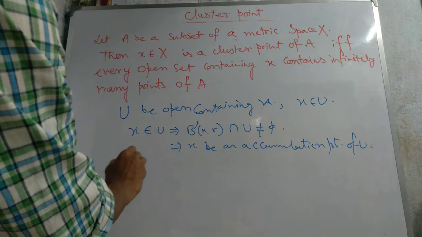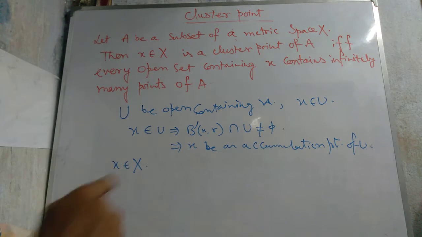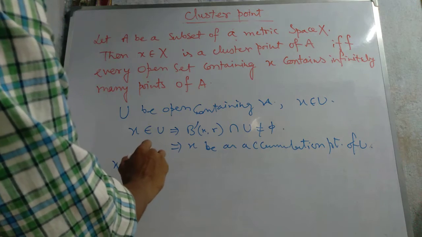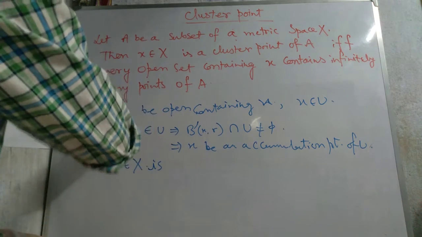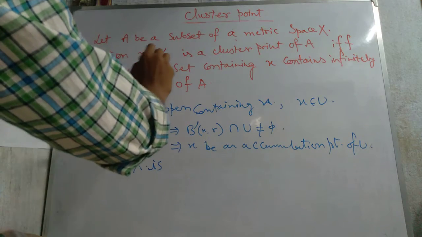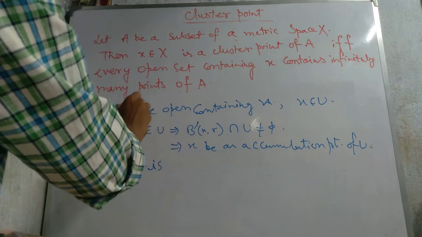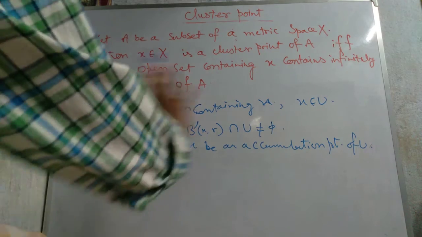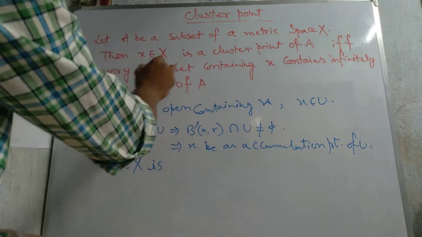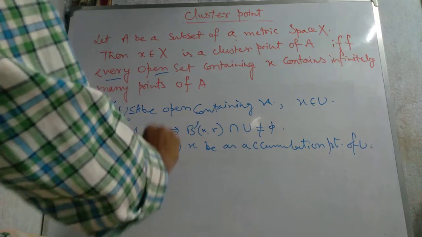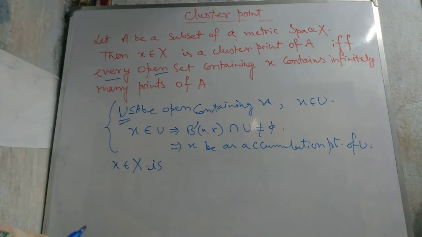x is a cluster point of A. Okay, here not U, here would denote A. No, U subset of A. Okay, this one is okay. That means if we construct every open set, that means U is arbitrary, so every open set does this.